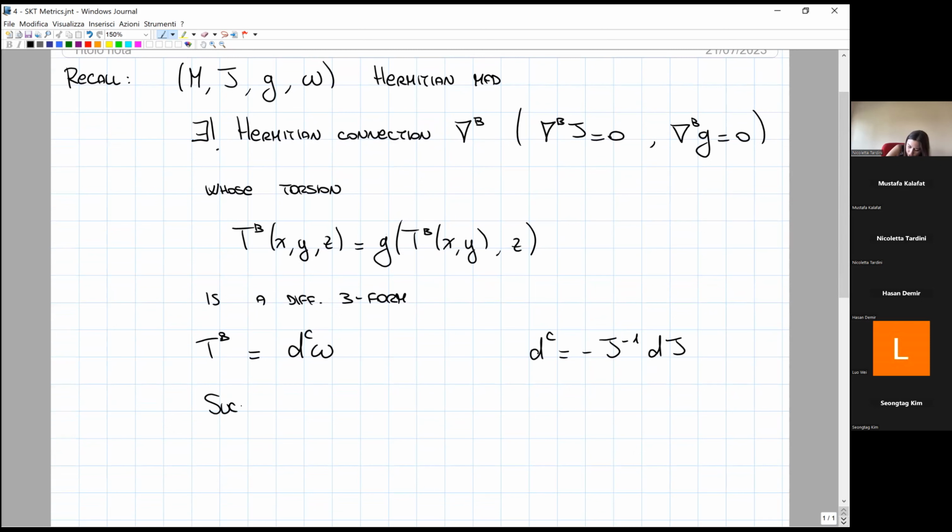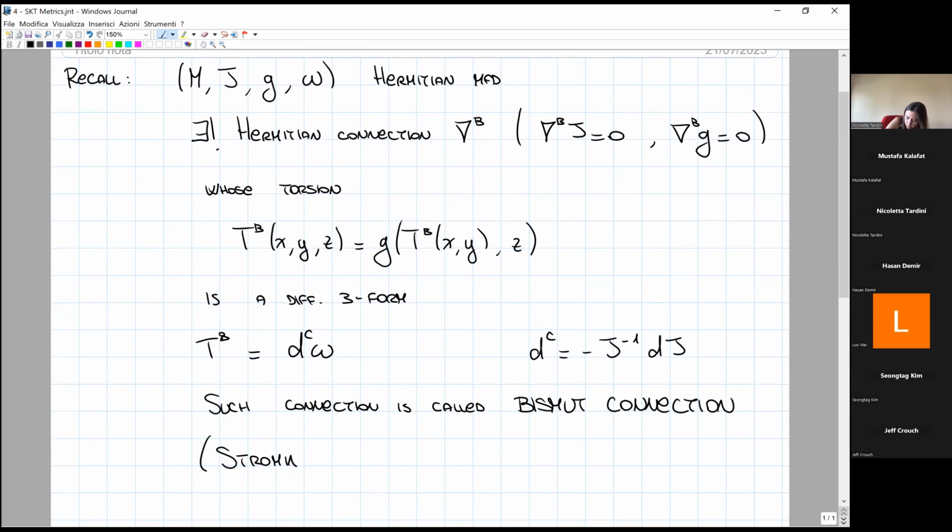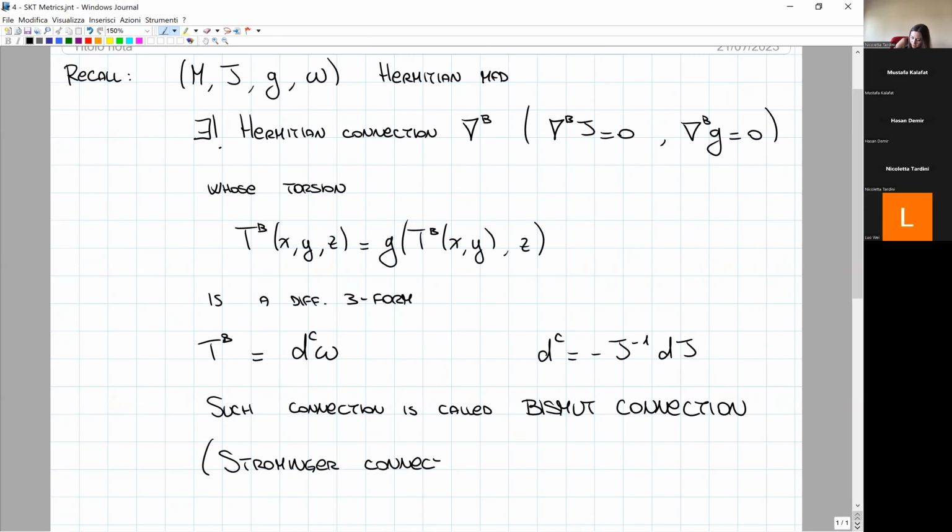Such a connection is called the Bismut connection. Sometimes in the literature it's also called the Strominger connection, so in some papers you can find this name.